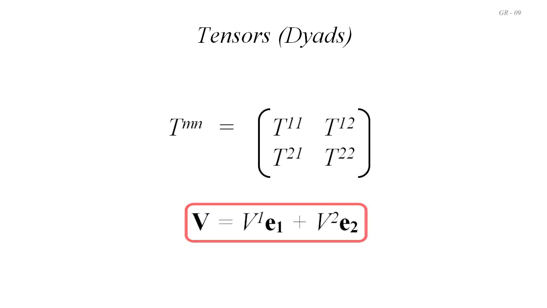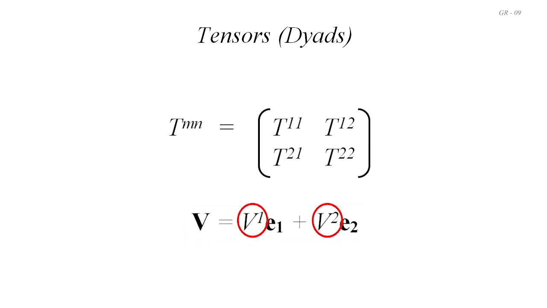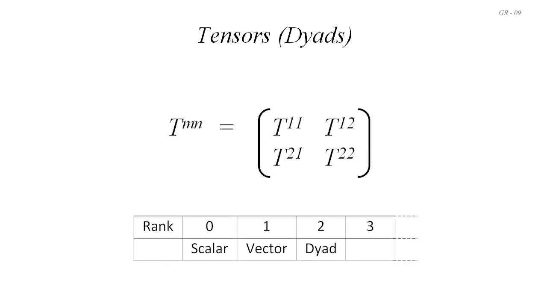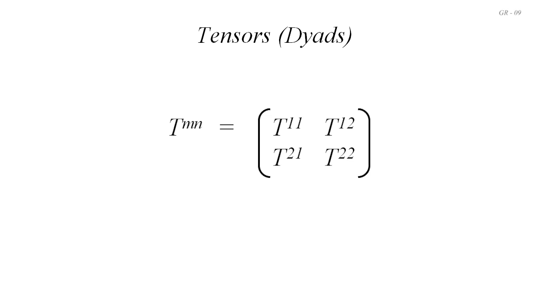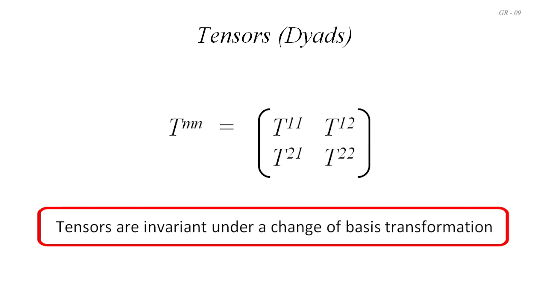We said about vectors that the measured components may change when the reference frame is changed, but the vector itself does not. And that is a very important property of all tensors, whether scalars, vectors, dyads, or whatever. They are invariant under a change of basis transformation.